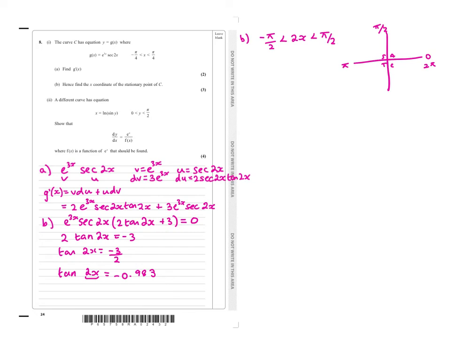So we know it's roughly here. Now with tan, normally what we would do is we would reflect, we just go straight across, don't we? So we have it here. And we know that this angle is minus 0.983.